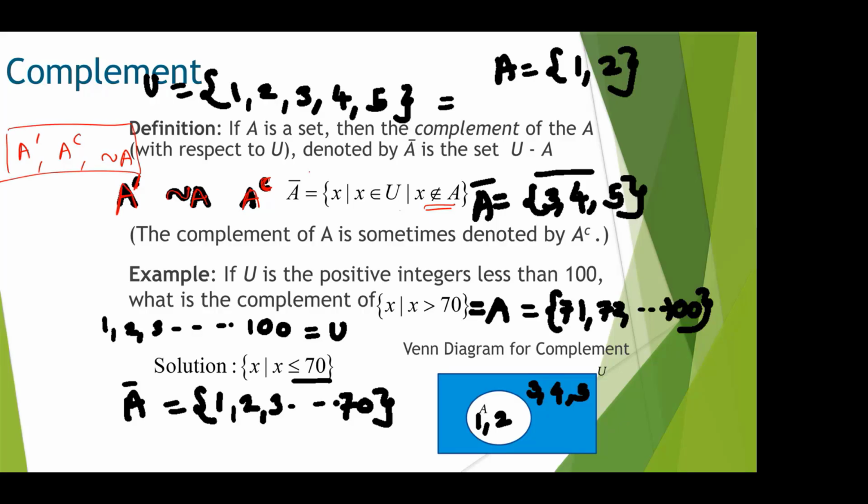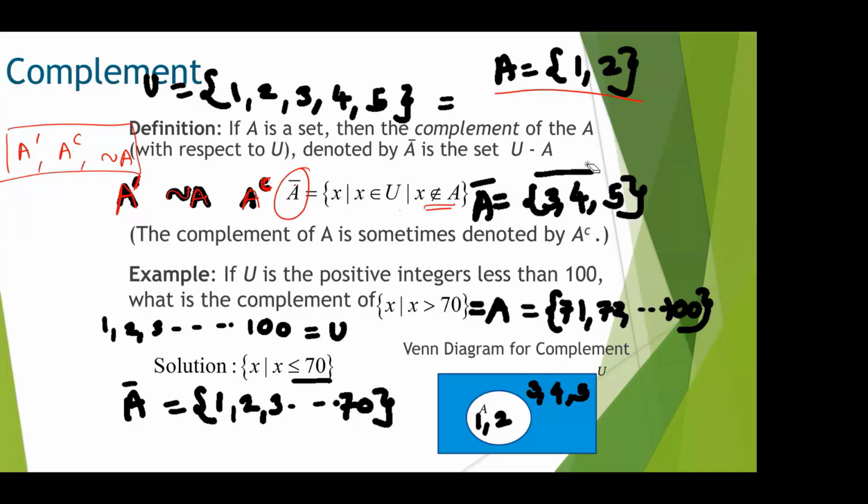So for example, if you consider A is 1, 2, 3 and the universal set is 1, 2, 3, 4, 5, then A complement will be 4 and 5, which are not part of A but which are part of the universal set.